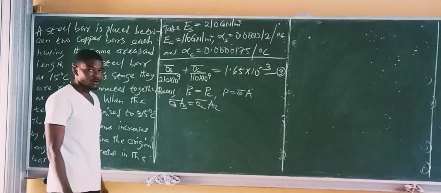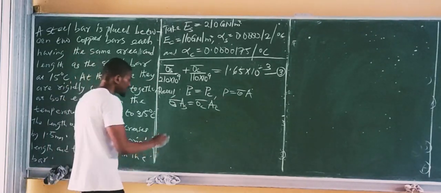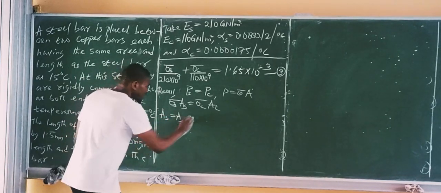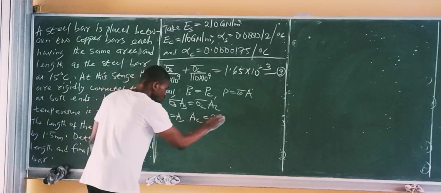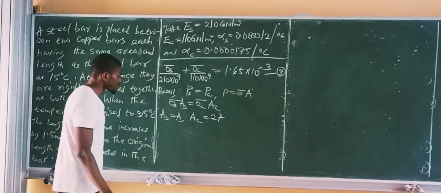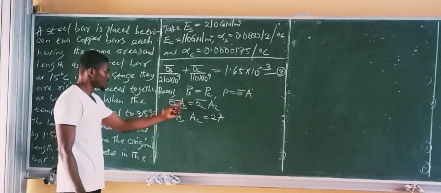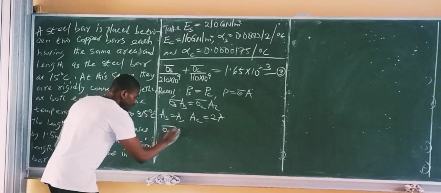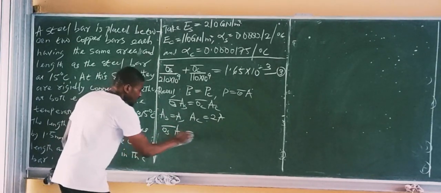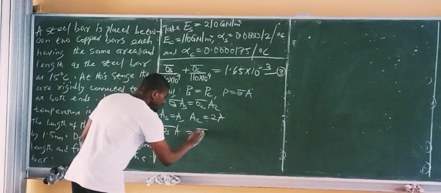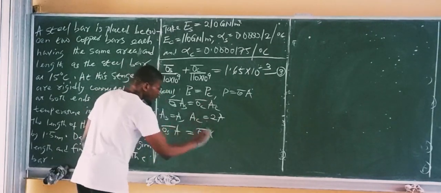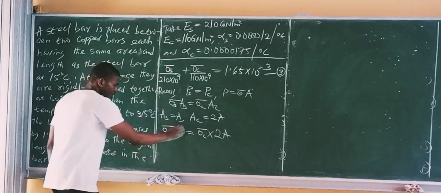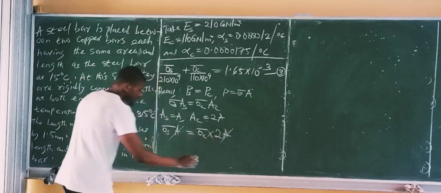But from the condition that was given to us, we have that the area of steel is simply A, and the area of copper is simply 2 times A. So the stress of steel times A is equal to stress of copper times 2 times A. Alright, so notice that we can strike A from both sides.